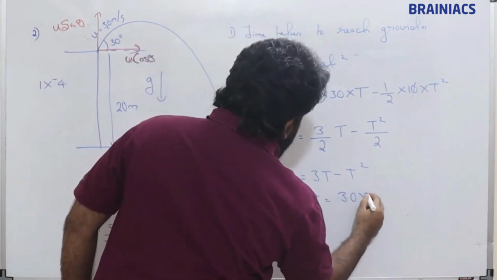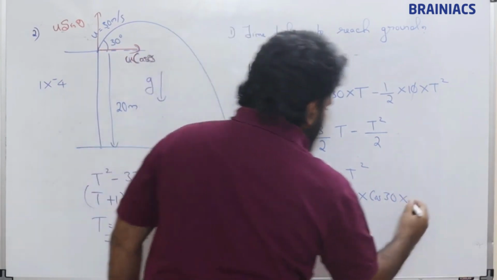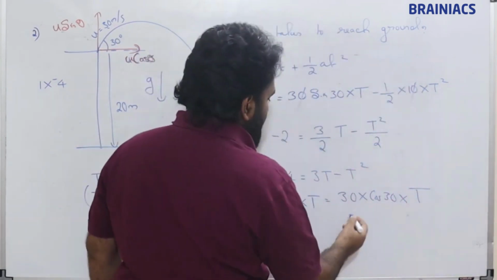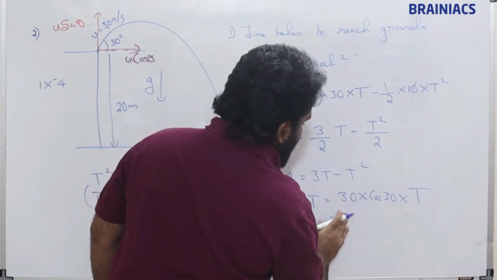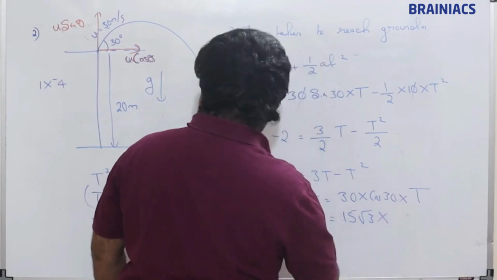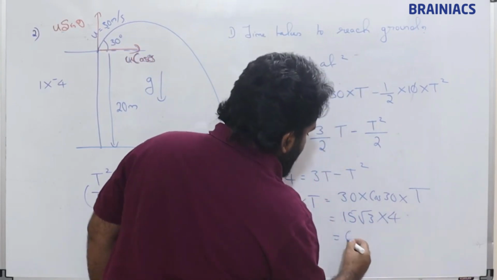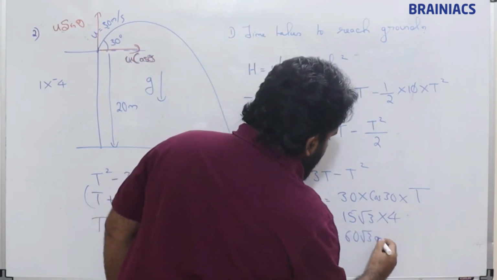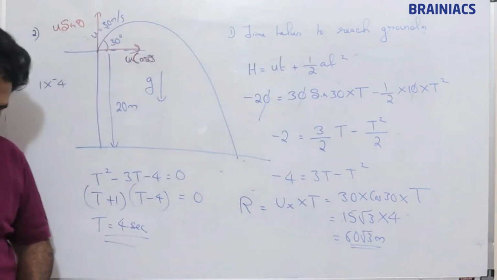So 30 into cos 30 into time 4. Cos 30 is root 3 by 2. So 15 root 3 into 4 will be the answer. This is going to be 60 root 3 meters. This is the horizontal range.